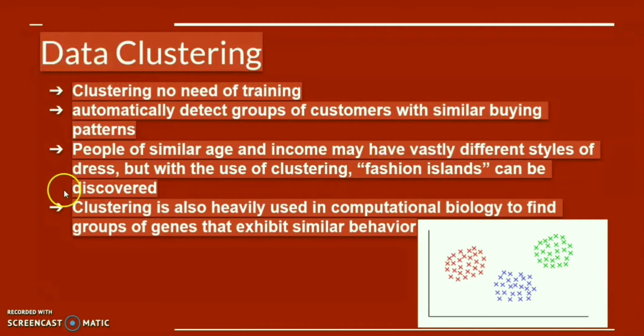You can use a clustering algorithm to automatically detect groups of customers with similar buying patterns. Another example is where you are interested in finding similar age, income, and dressing style.